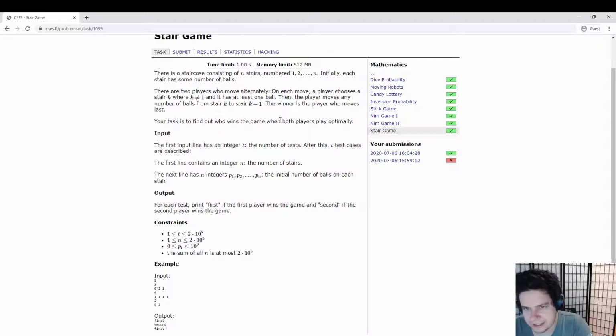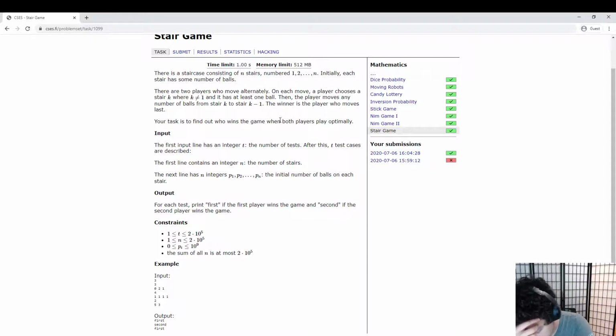So I can cancel out any move that you make on the third stair by doing the same move: you move them from 3 to 2, and I move them from 2 to 1, and now they're dead. The balls on the third stair never help you win, because the other player can just ignore them by moving them to the first stair.